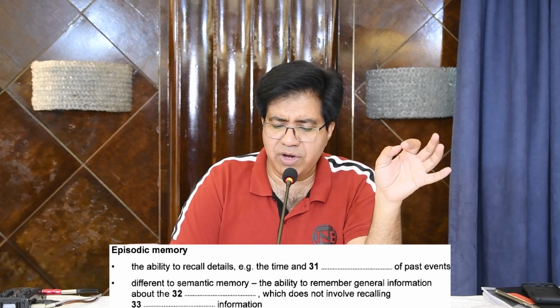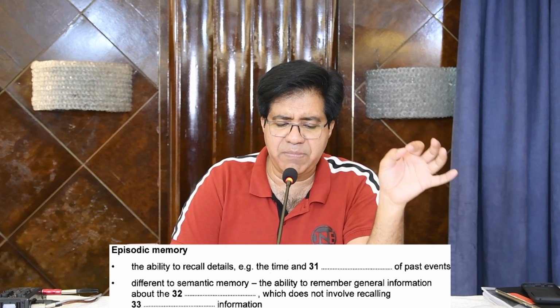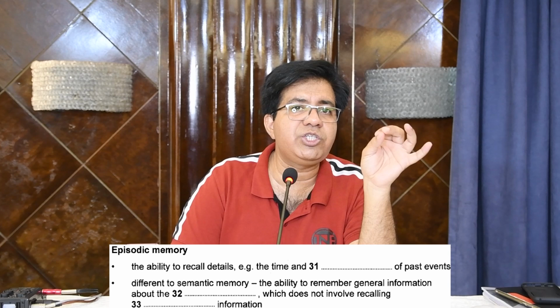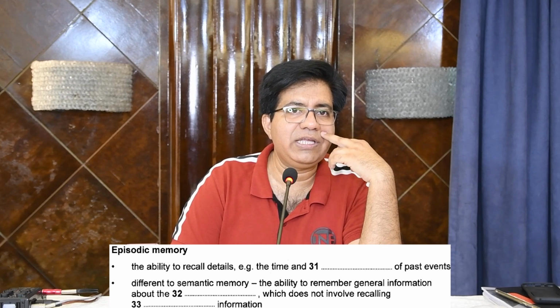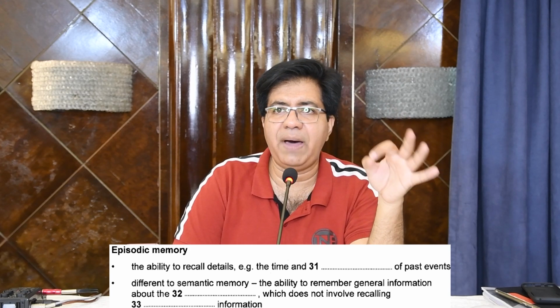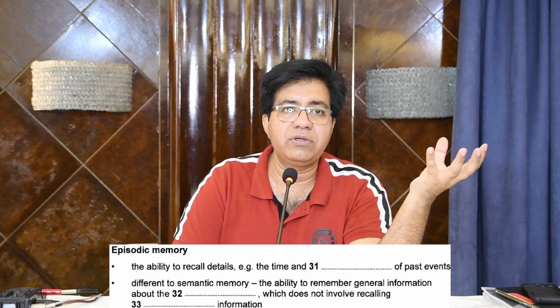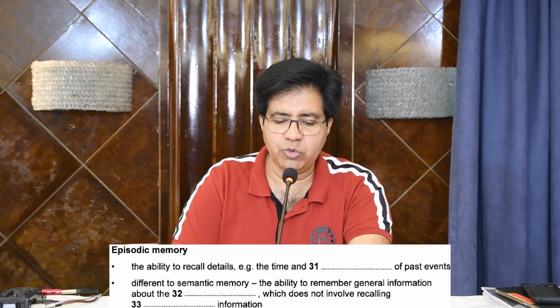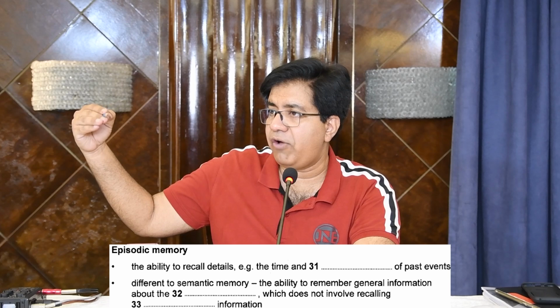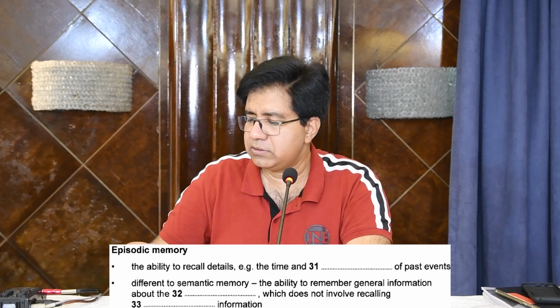The ability to remember general information about. Underline general information about. And now listen carefully. For general information about, they use the words knowledge of. Knowledge of, O-F. Okay? So whatever they say after knowledge of, that will be your answer.